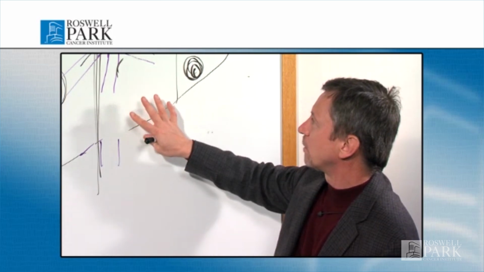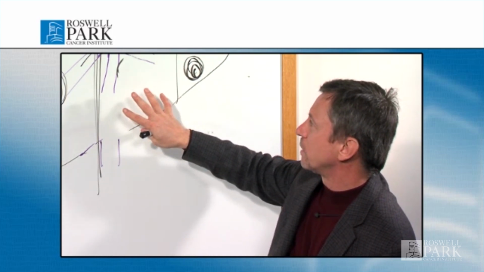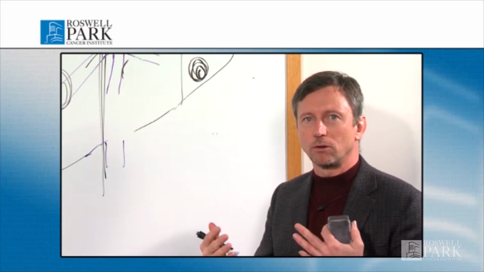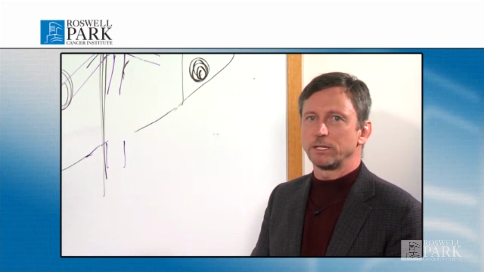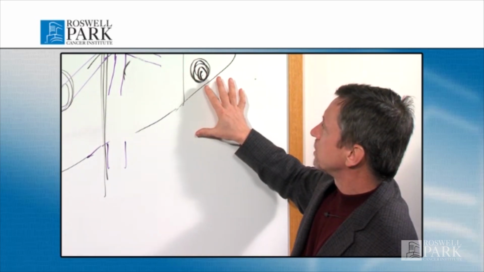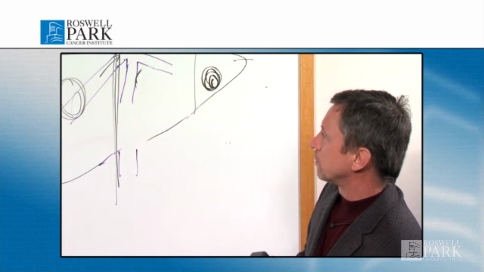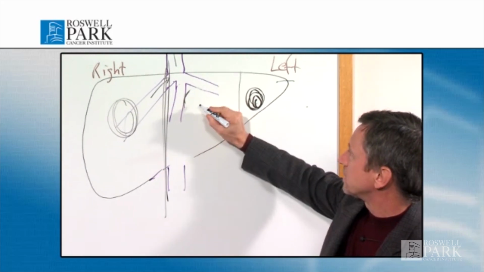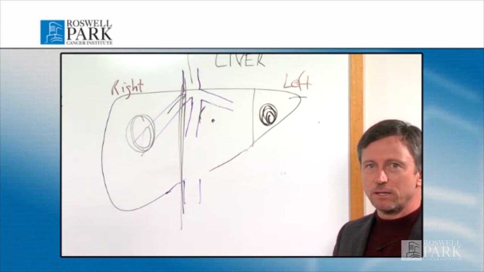So the other thing I wanted to again mention is that we may go into these surgeries thinking we're going to do a liver resection, but find something unanticipated. CT scans are great tools, but there may be very, very small tumors that we don't see on a CAT scan. So if we go in to do this surgery and we know about these two tumors, but let's say we find a tiny tumor here that we didn't know about.